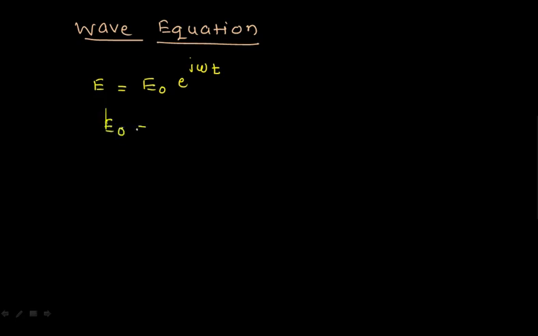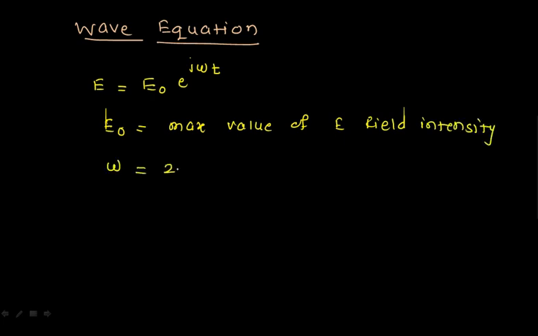Here E0 is nothing but the maximum value of electric field intensity. And you know what omega is: it's angular velocity, which is 2 pi f, whereas f is the frequency of sinusoidal variations. Now I'm going to differentiate this equation partially with respect to t.